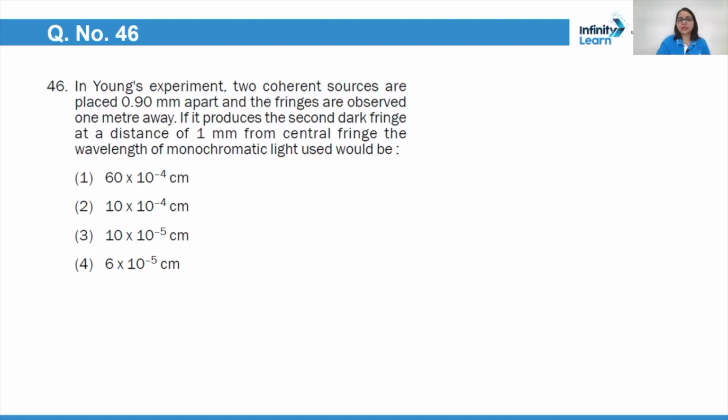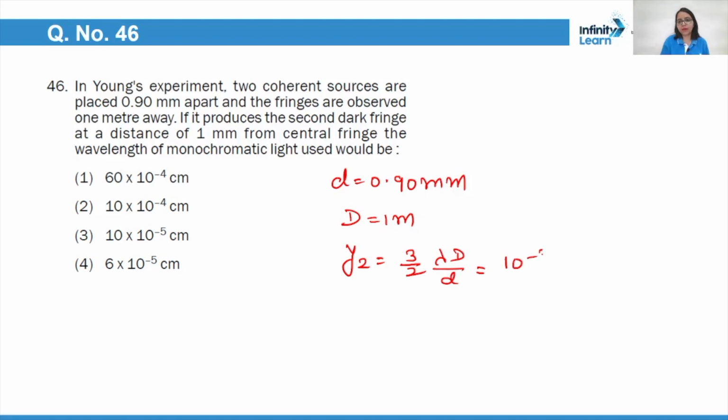Question number 46. In Young's double slit experiment, we have two coherent sources placed 0.90 millimeter apart and the fringes are observed 1 meter away. It produces the second dark fringe at a distance of 3 by 2 lambda D upon d, at 1 millimeter from the central fringe, which is 10^-3 meter.